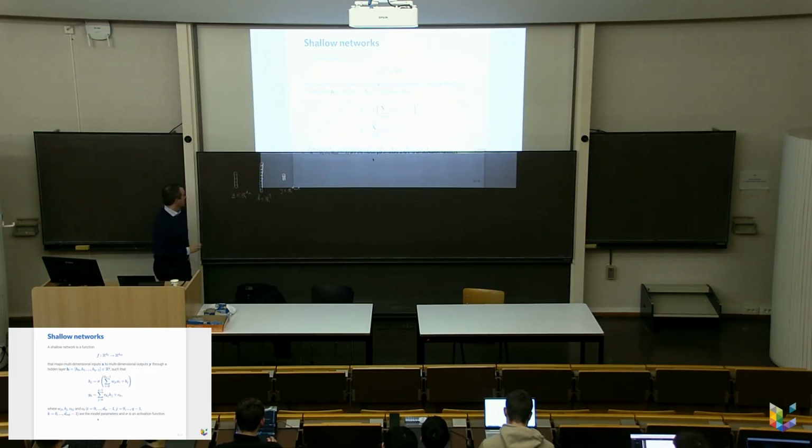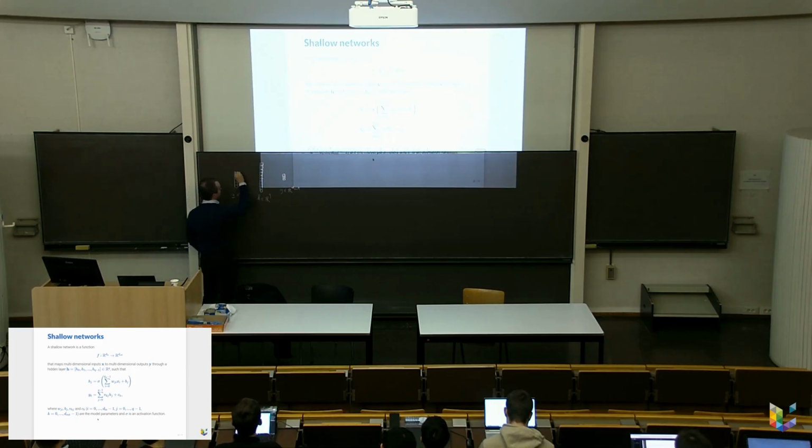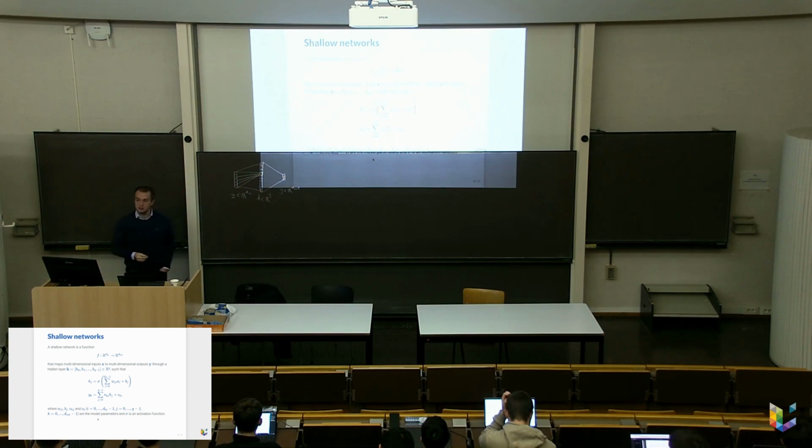Okay? And so the kind of diagram I will usually draw is something like this. And each element, in particular of this hidden vector, is computed from all the elements in x. Okay?